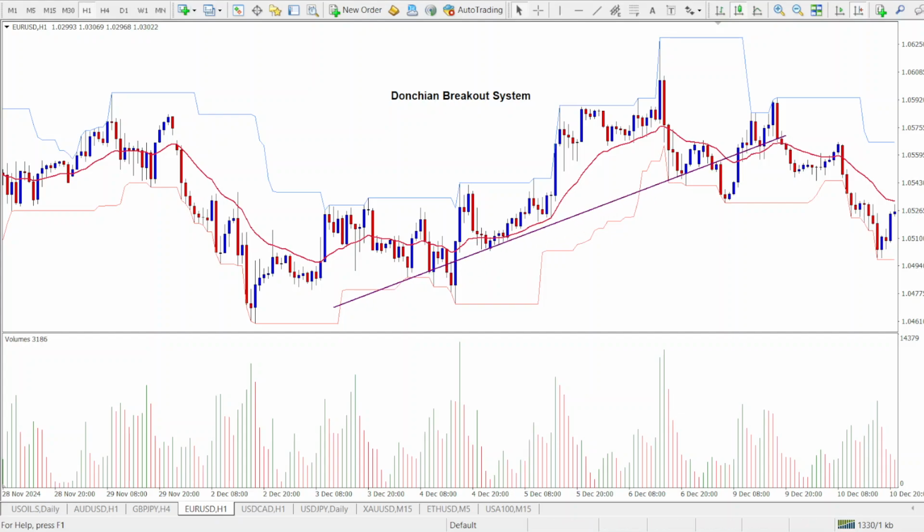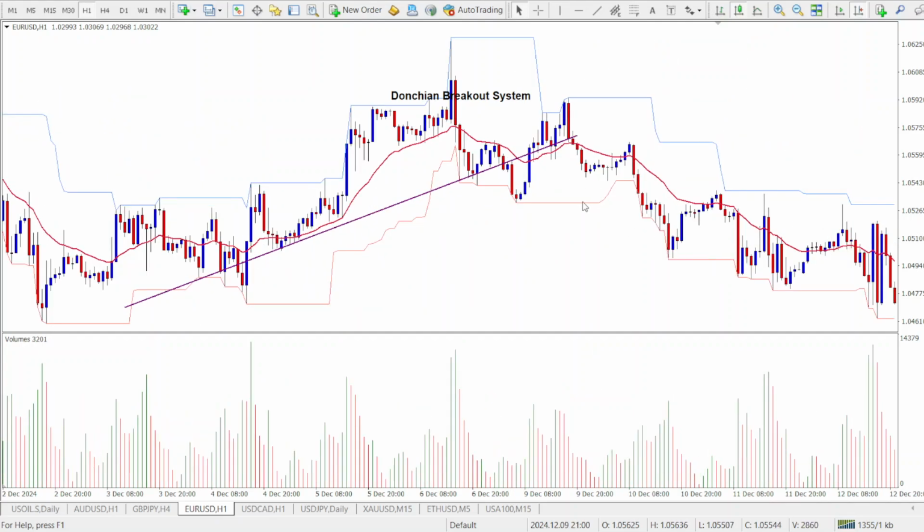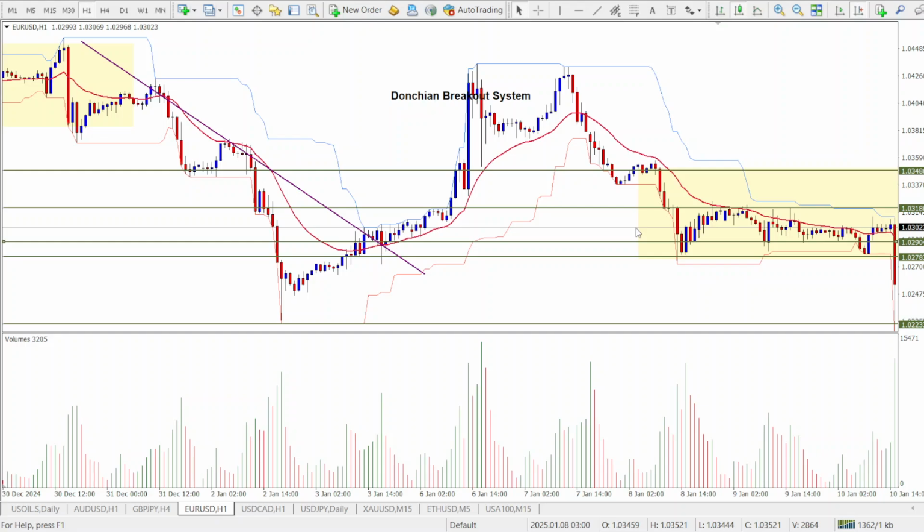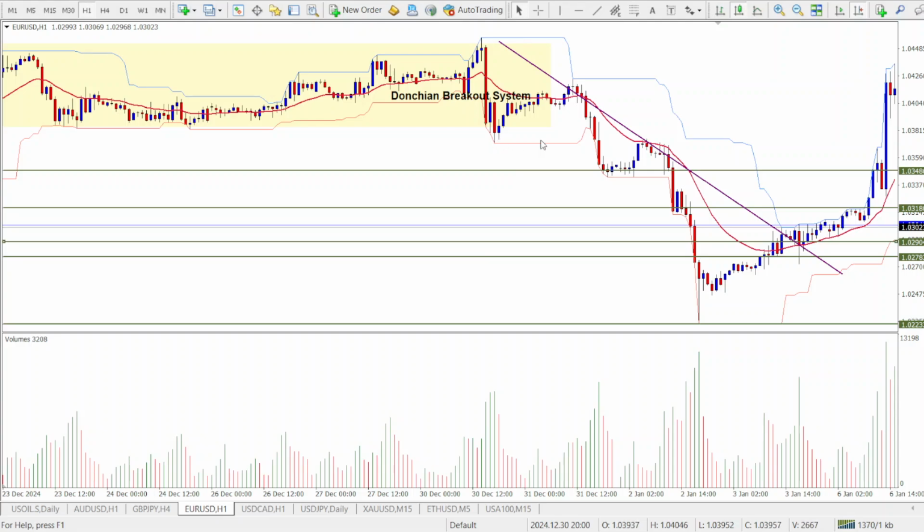All right, now let us recap the Donchian Breakout System. The first thing is to add the Donchian Channels to your chart, obviously, and adjust the period based on your trading style. Secondly, you use breakouts above the upper band as buy signals and breakouts below the lower band as sell signals.